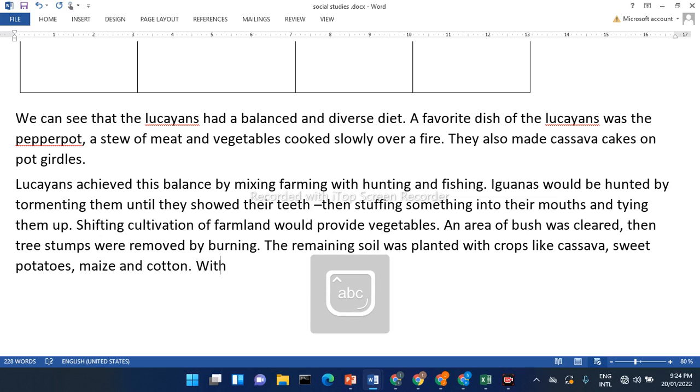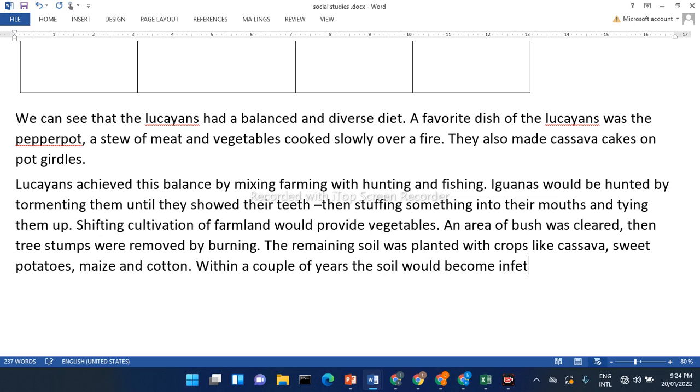Okay, so within a couple of years, the soil would become infertile, and another patch of bush would be needed and they would clear it for use. Okay.